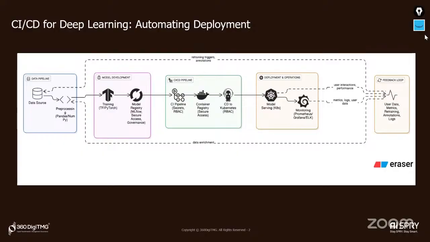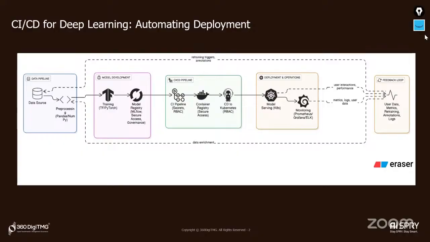After this, there will be deployment and operations. In deployment and operations, the models are served as REST API endpoints, running as containers on Kubernetes-managed pods, with scaling, load balancing and service discovery.